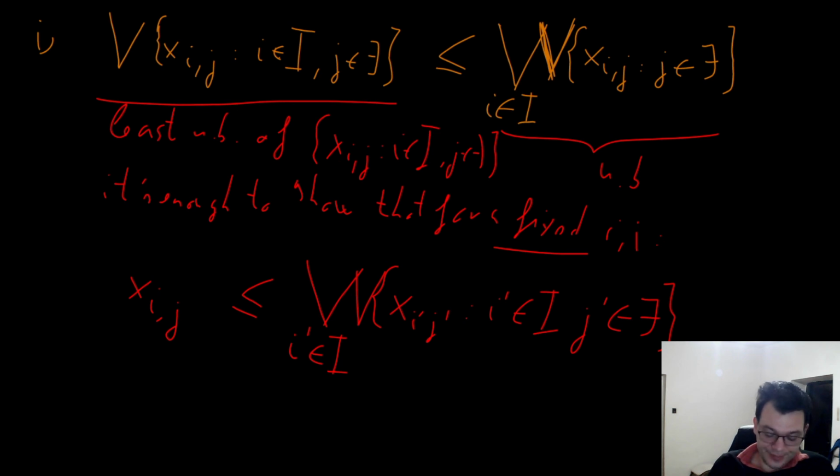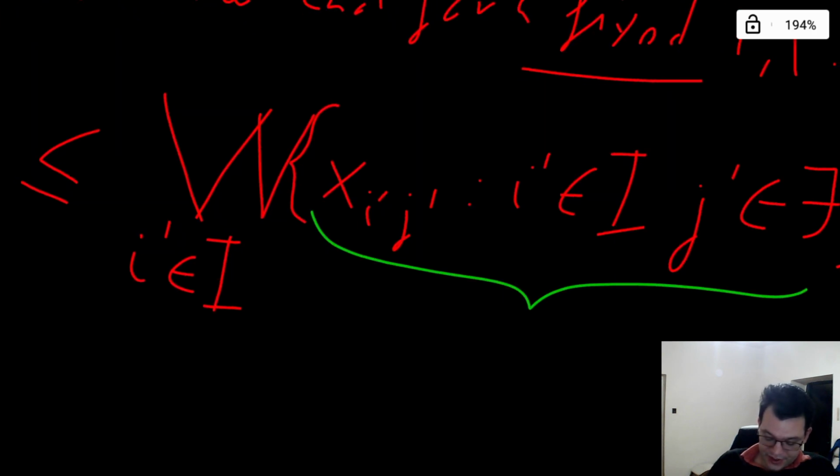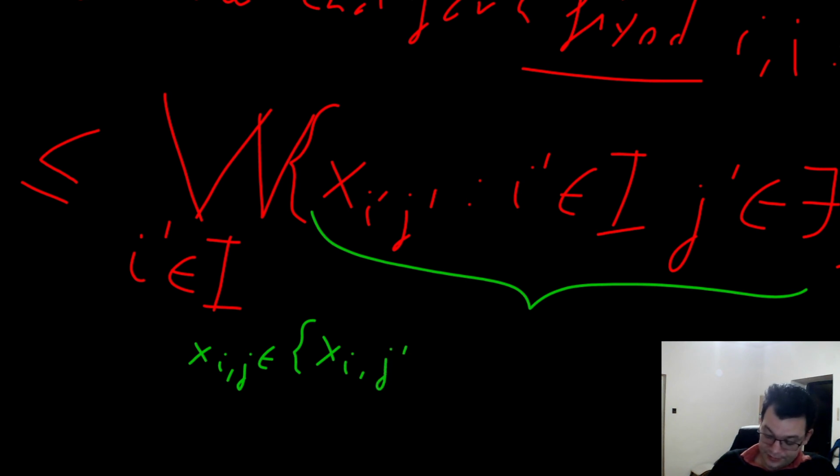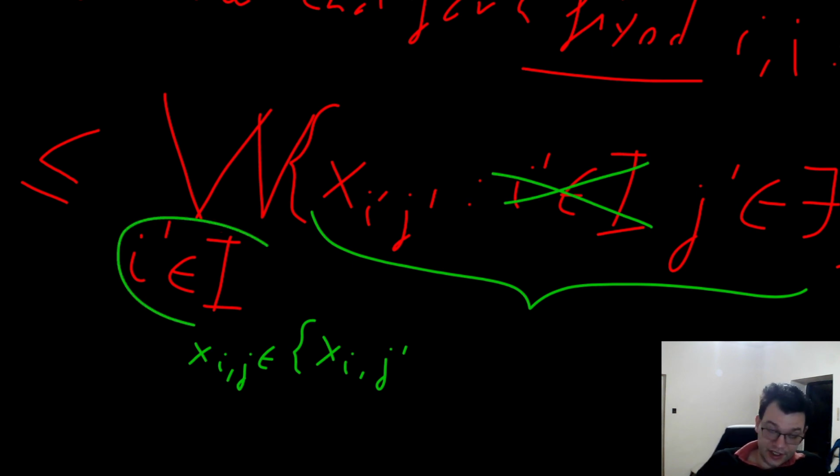But here xij is a member of such a set, right? So of course xij is a member of the set of xi and j running. So xi is fixed, j is running, and j' is here.